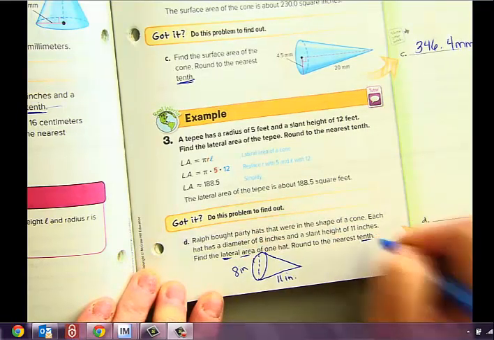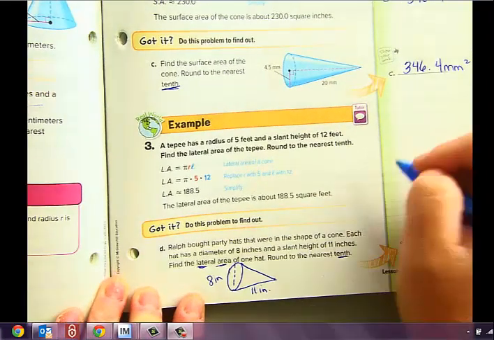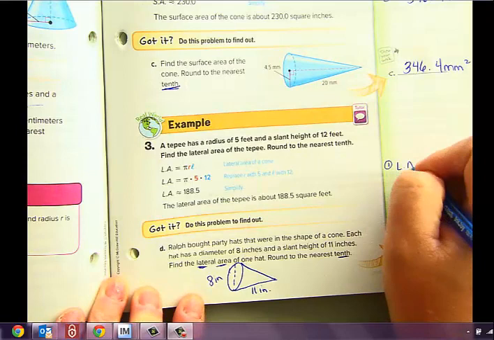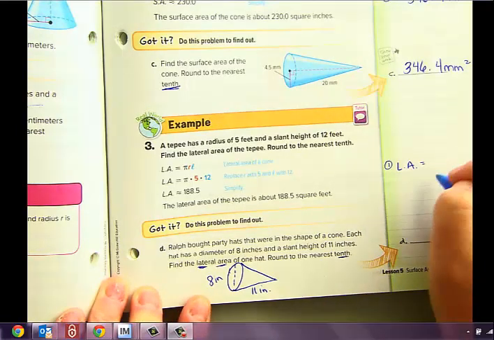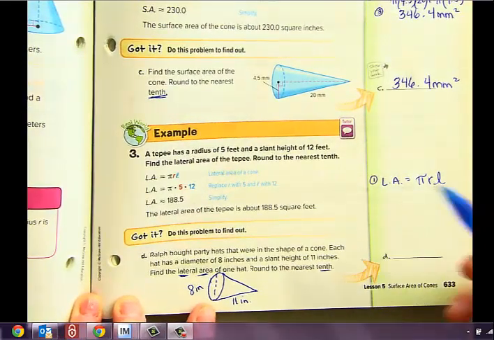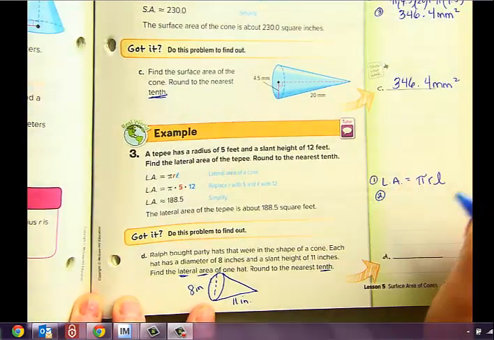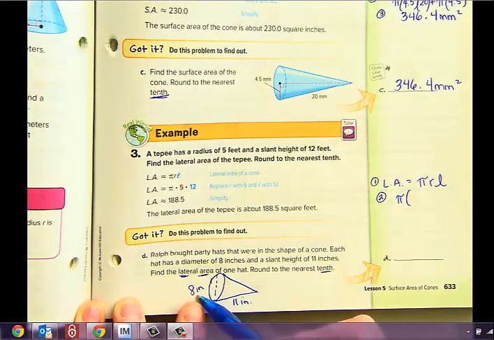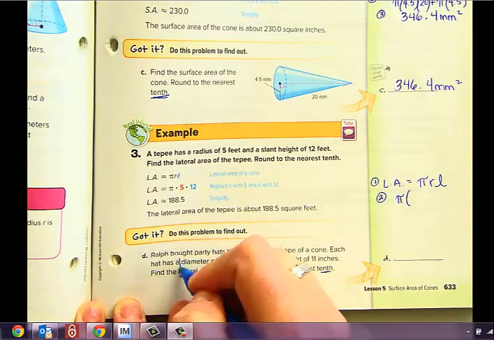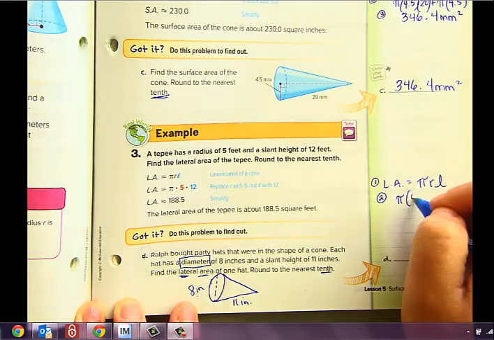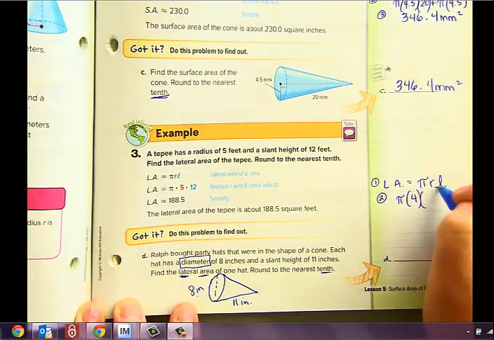Well, first of all, let's write our equation. First is always equation. So lateral area is pi times radius times slant height. Now I put in the information I know. That's the second step. Pi doesn't change, times the radius. 8 inches is not my radius. 8 inches is the diameter, so I have to divide that by 2. 8 divided by 2 is 4. And the slant height, which is my cursive L, is 11.